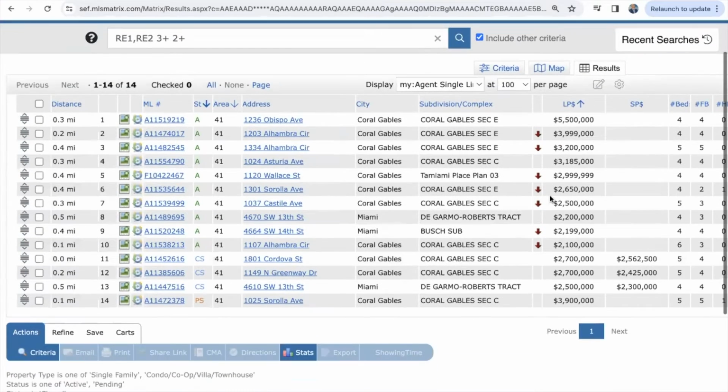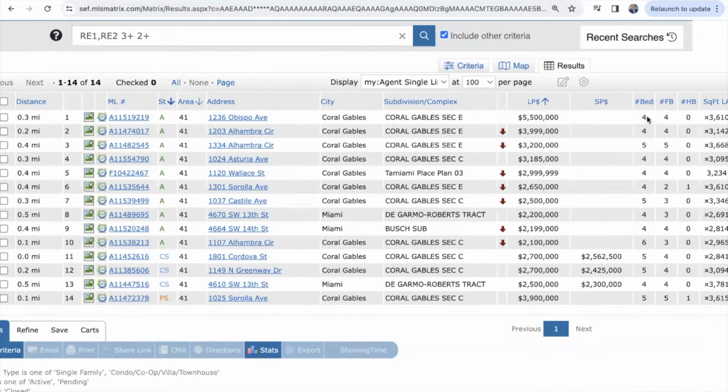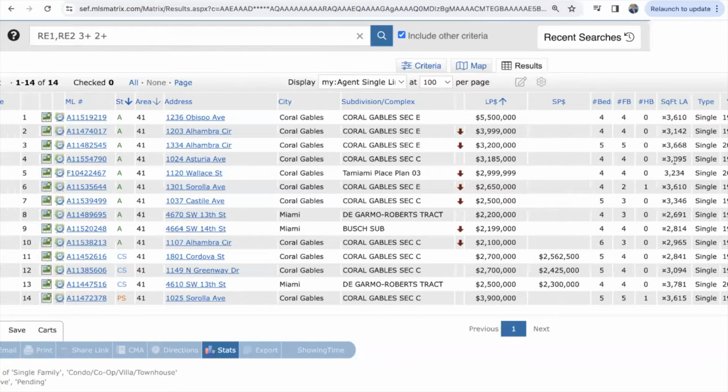All right, take a look at the results. So we have 4 bedrooms and 4 bathrooms, 4 and 4, 5 and 5, and so on, and we're all within that same square foot range. Now, 1020 Obispo Avenue has a swimming pool.